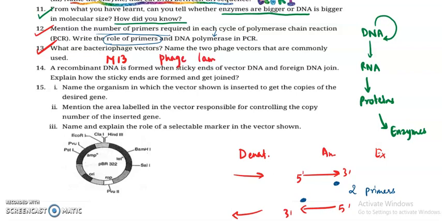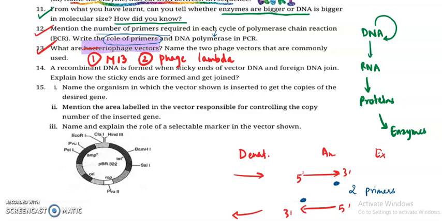Bacteriophage vectors are more helpful because whenever we want to have the gene of interest in a larger quantity, meaning the DNA has a larger number of base pairs, then we are suggested to use the bacteriophage vectors.